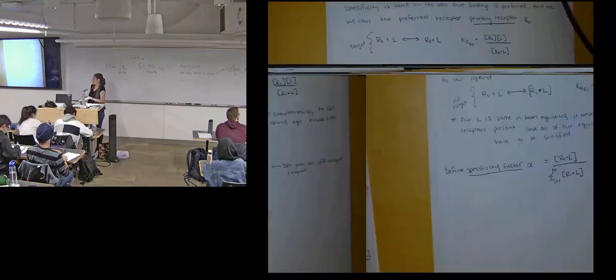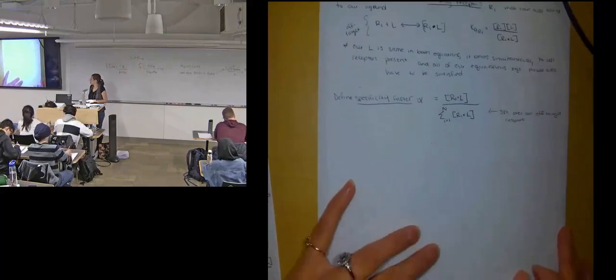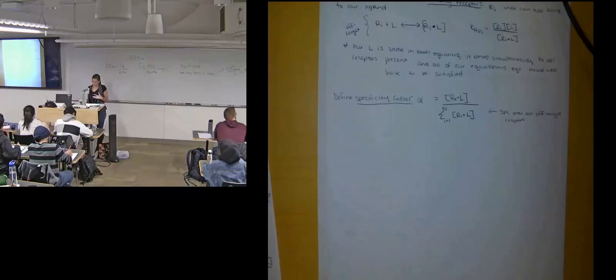Now this equation, just as it's written, totally works. It's totally valid. The problem is that this is really hard to measure, as we already talked about with our binding assays. The whole essence of Scatchard analysis was to get things in terms of ligand, because actually measuring receptor bound concentration, especially when we have a whole bunch of them happening in the same reaction vessel, is really hard to measure and control.